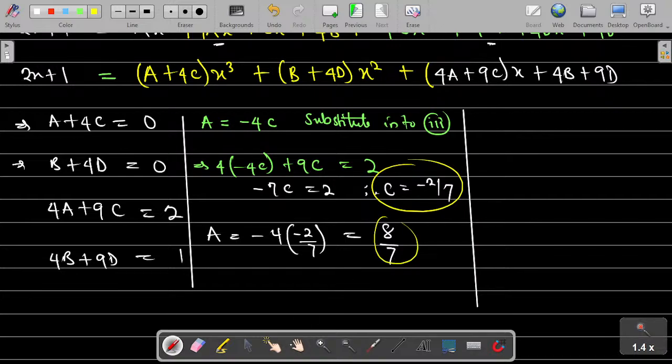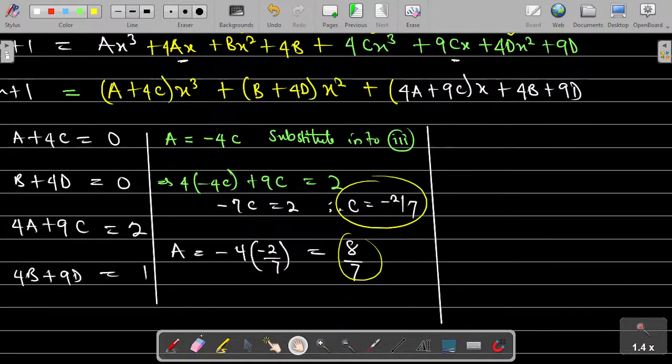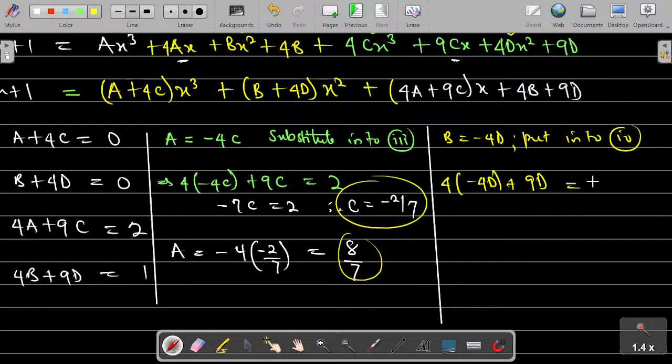So let's attempt to do the other one, B and D. Okay, and from equation 2, you can see that B is equal to minus 4D as well. If we put it into equation 4 now, that's this last one, we'll also get that 4 into B, which is minus 4D, plus 9D is equal to 1.